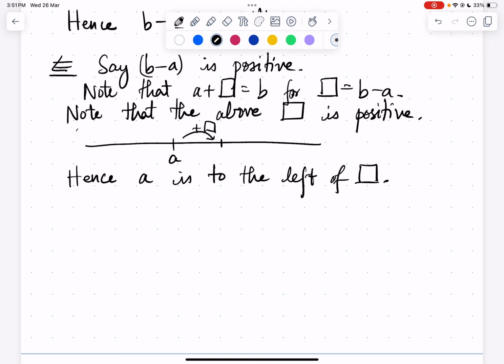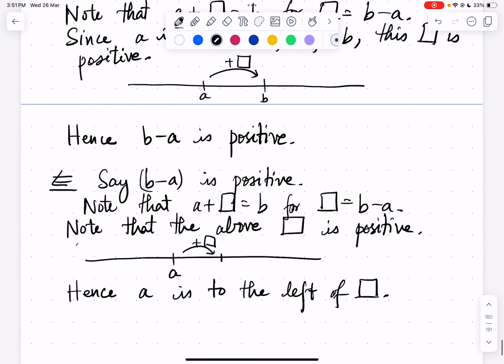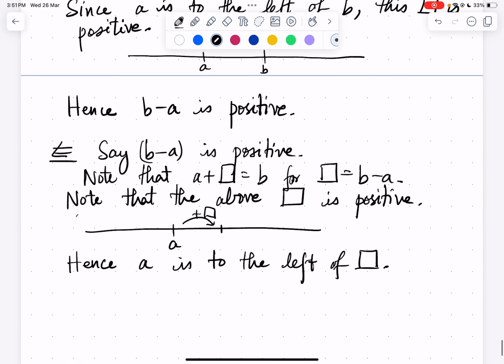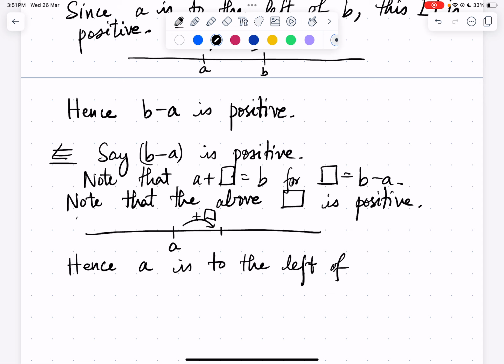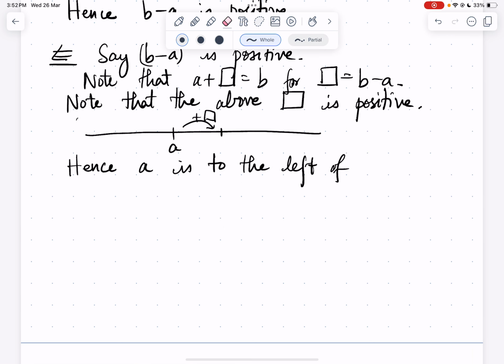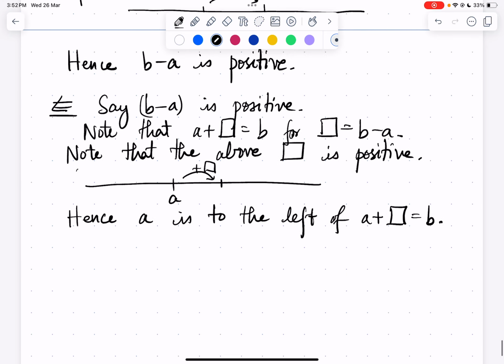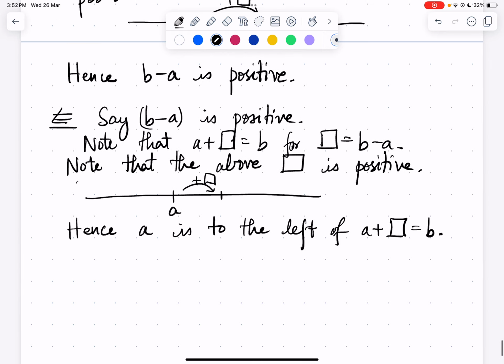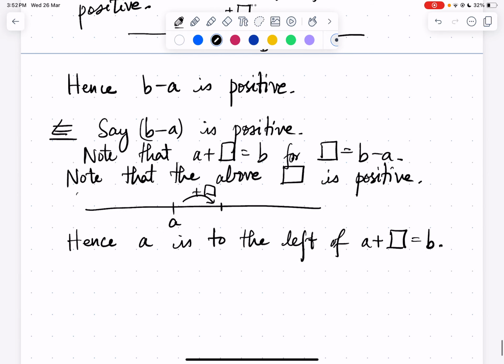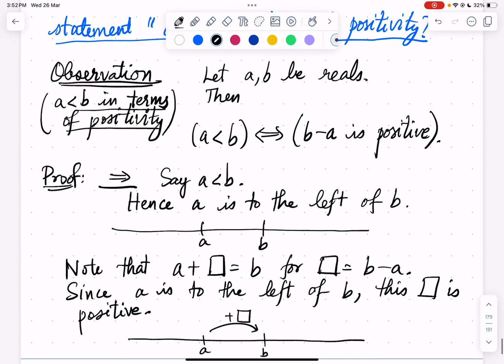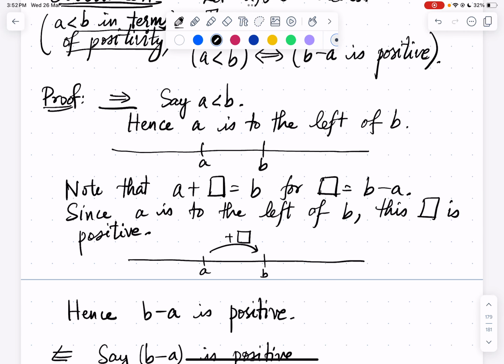So we showed that we began with B minus A is positive and showed that A is to the left of B. Sorry, this is B. A is to the left of A plus box equals B. So we begin with B minus A is positive and showed that A is to the left of B. Here we began with A is to the left of B and showed that B minus A is positive.